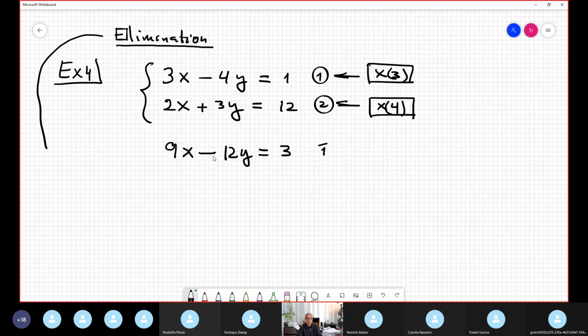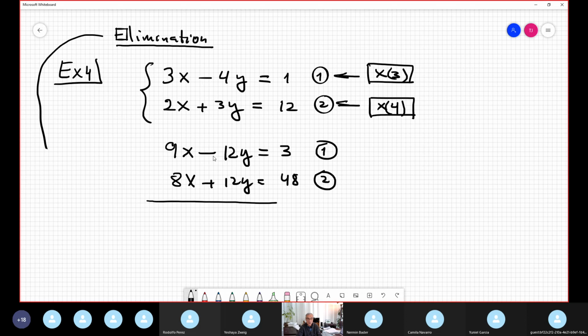And this is my equation number 1, which you know very well is equivalent to the original equation number 1, because when you multiply one equation by one number, nothing happens to the graph. It stays the same. Likewise, you multiply equation number 2 by positive 4. So we have 8x plus 12y equals 48, since 12 times 4 is 48.